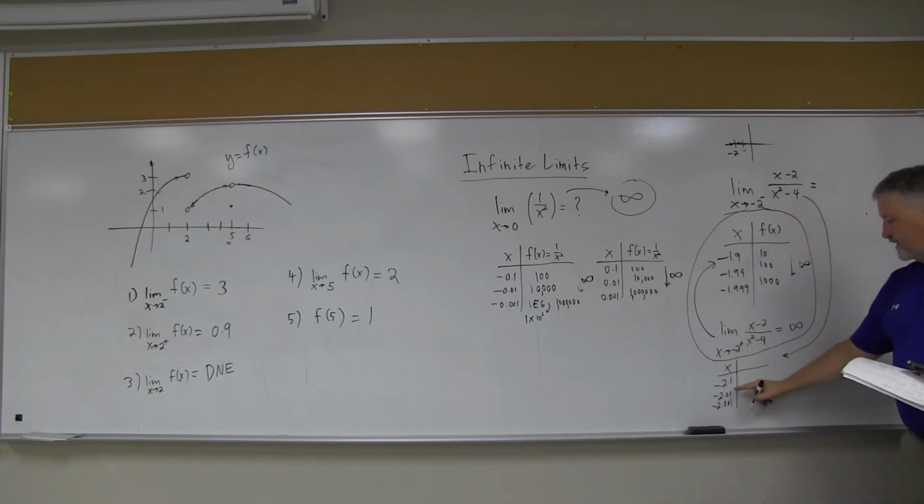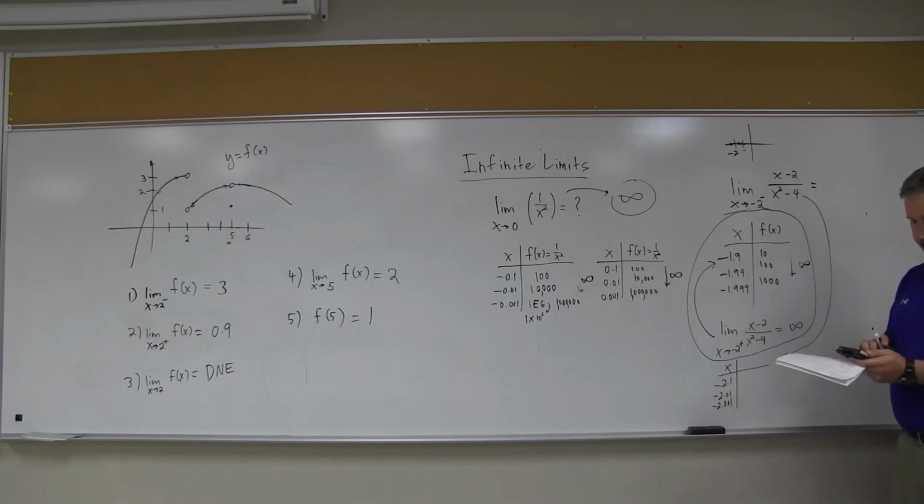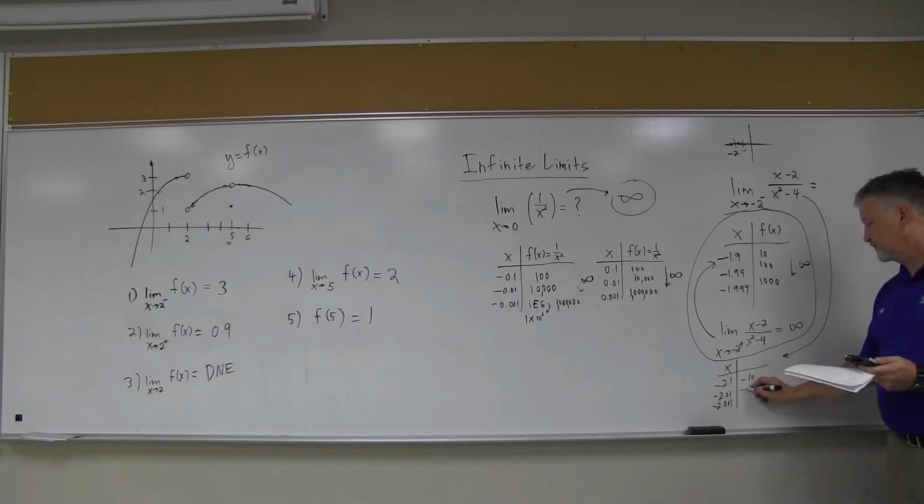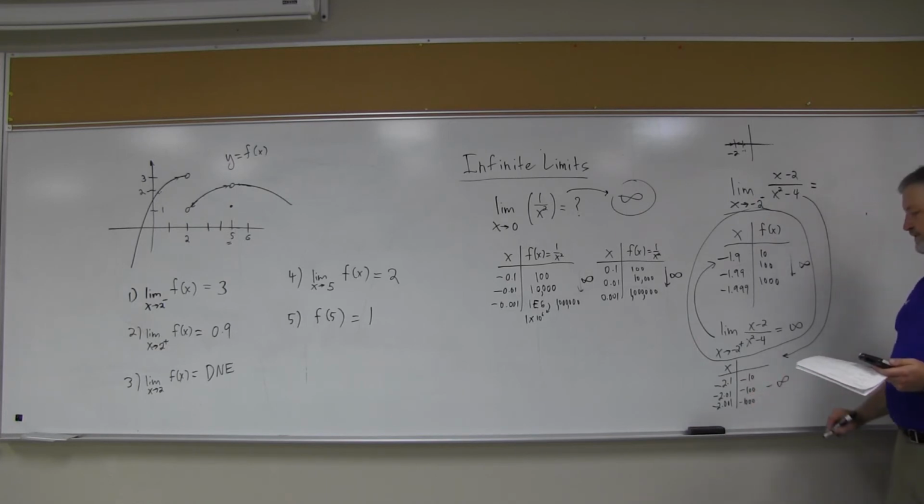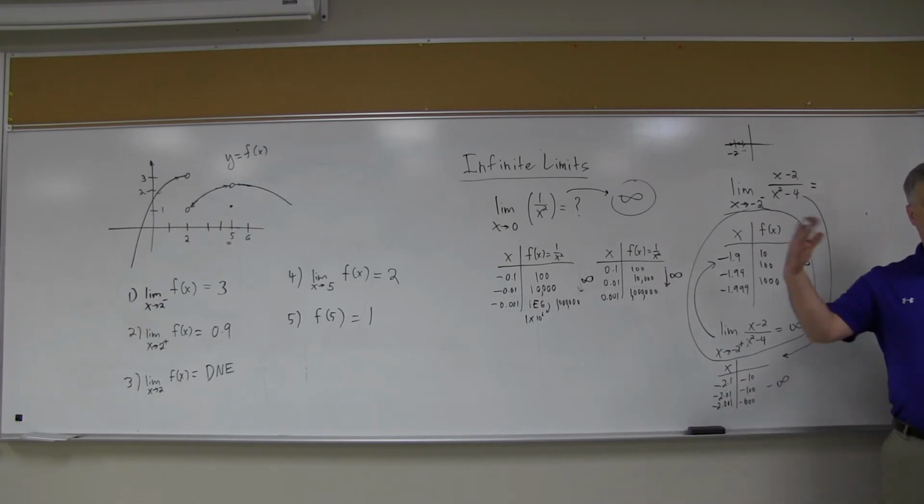This one is when I do it this way, so that's going to give me -2.1, -2.01, -2.001. That's going to give me the negatives. So that was negative infinity, we would call it, because it's getting larger and larger in the negative sense.